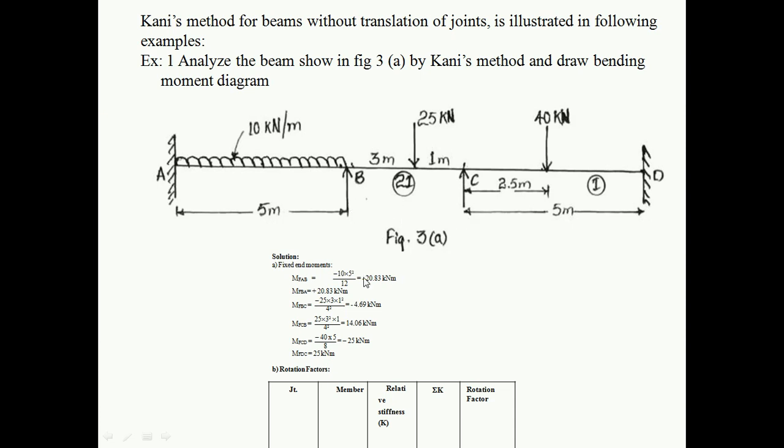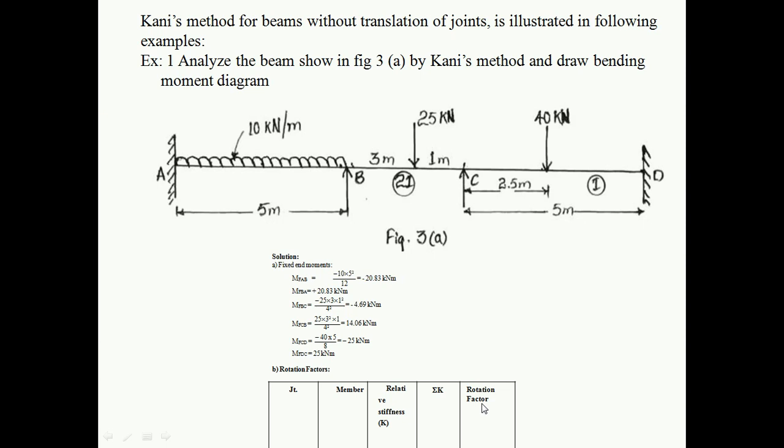For this, we draw a table of 5 columns. The first column consists of joint, the second of member, the third of relative stiffness, the fourth of summation of relative stiffness, and in the last column we finalize the rotation factor of each member.